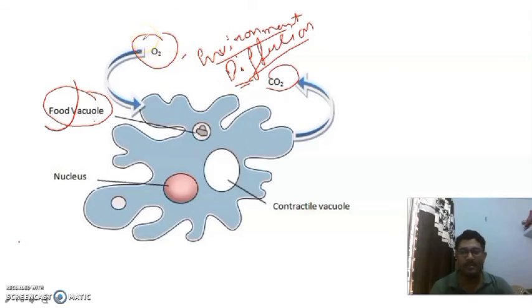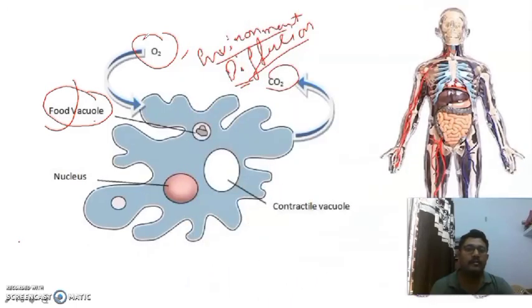But what about multicellular organisms, which are made up of many cells? Here, as you can see in the picture, the body of this human is made up of many cells and contains many tissues. In this kind of organism, the simple process of diffusion is not enough to meet the demands of the organism.